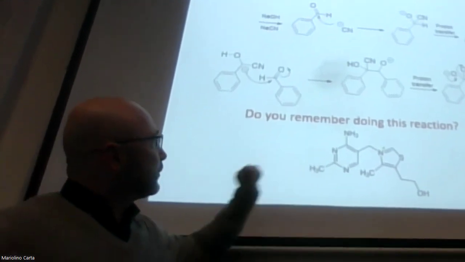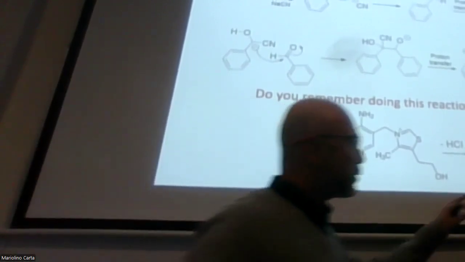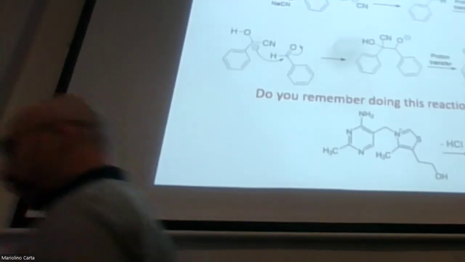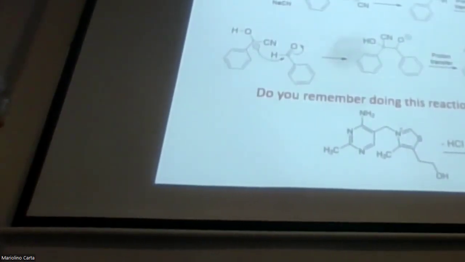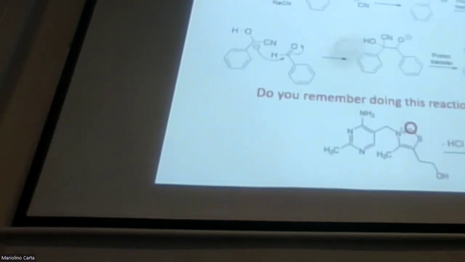This compound, which is called thiamine, is a much, much better reagent to use in the lab, much more user-friendly. It doesn't give you the results of using sodium cyanide or potassium cyanide. And it works exactly the same way, does exactly the same umpolung reaction, and you did that in the lab. At least we did the first year, the second year lab.